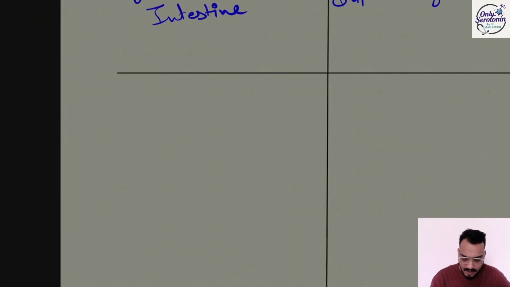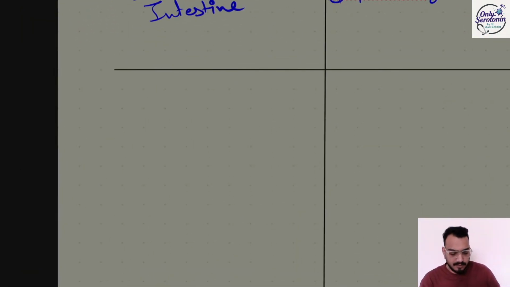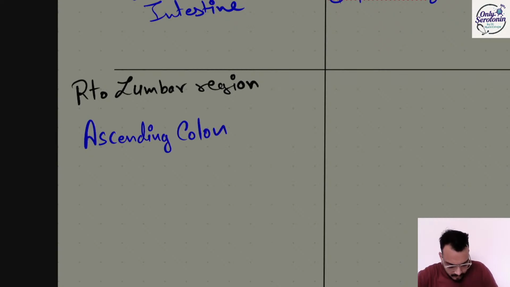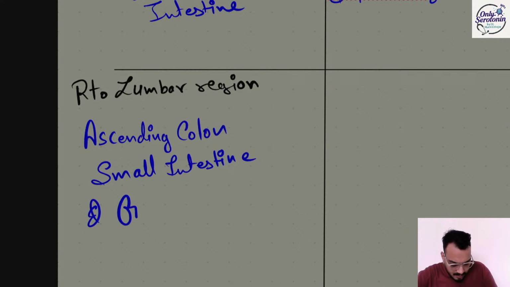Let's go to the middle area, guys. In the middle area, we are going to call them lumbar regions, right? So I have the right lumbar region and the left lumbar region. First of all, we will discuss the right lumbar region. In the right lumbar region, what all organs do we have? We have ascending colon, small intestine, and your right kidney.